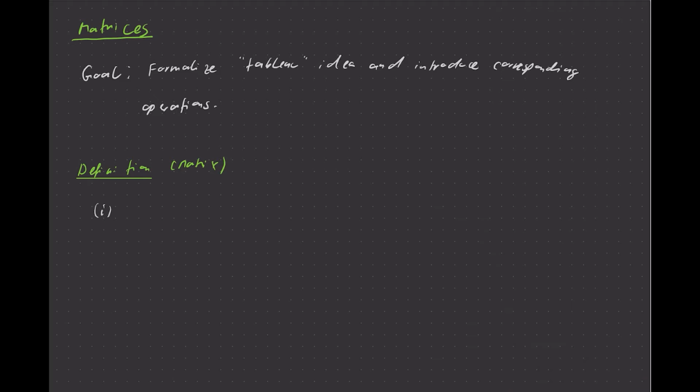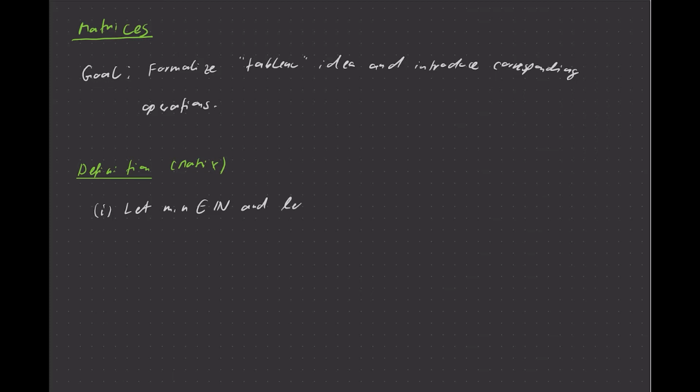So there's really not more to that. Let m and n be natural numbers, and those will be the number of rows and of columns. m is usually the number of rows, n will be used for the number of columns.